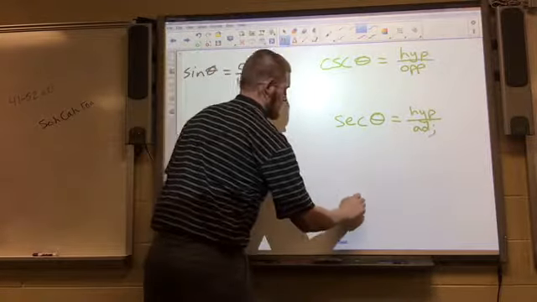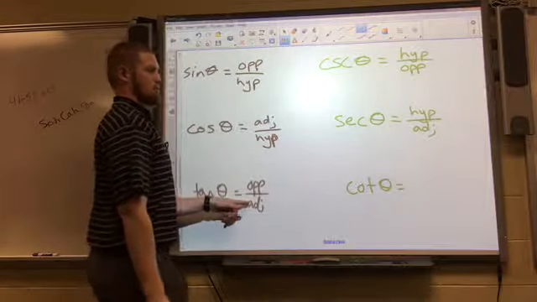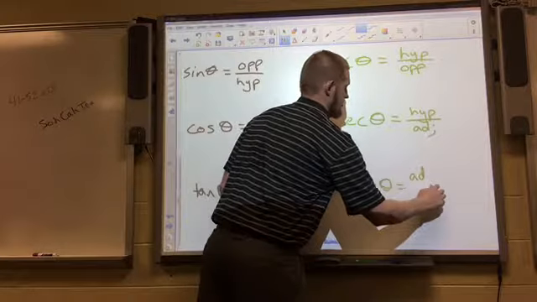And your cotangent of theta is going to be adjacent over opposite.